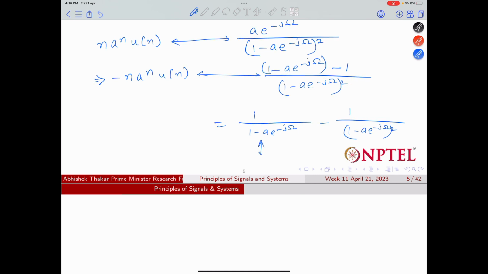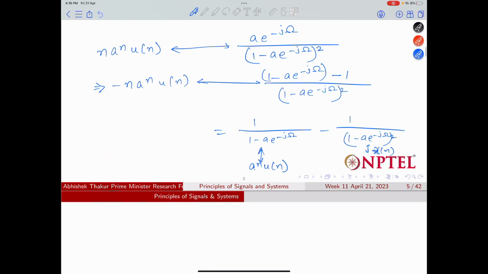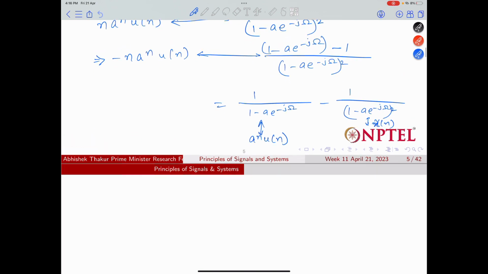We know that 1 by (1 minus a e to the power of minus j omega) forms the Fourier transform pair with a to the power of n u[n], and let's suppose this is x tilde of n. The left side is minus n a to the power of n u[n].